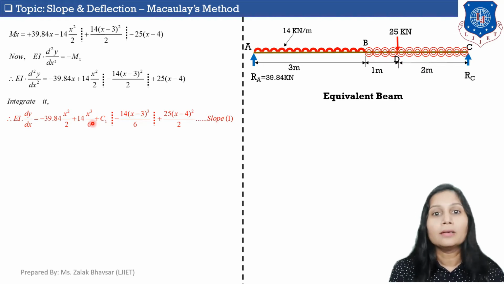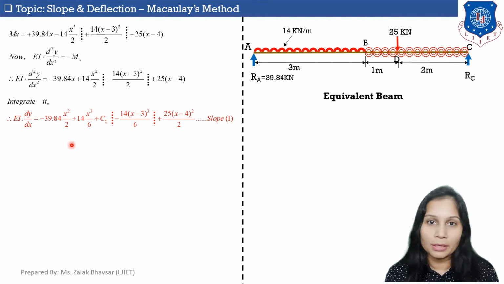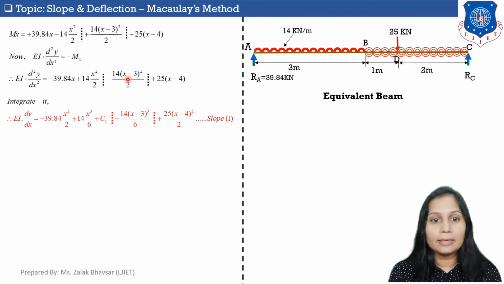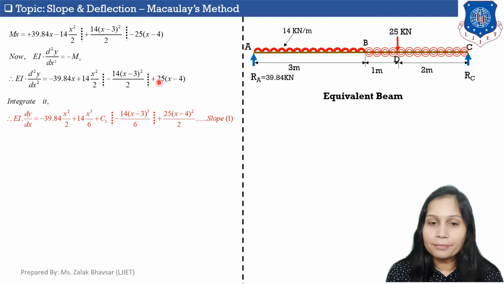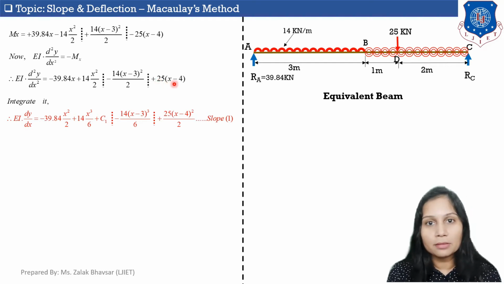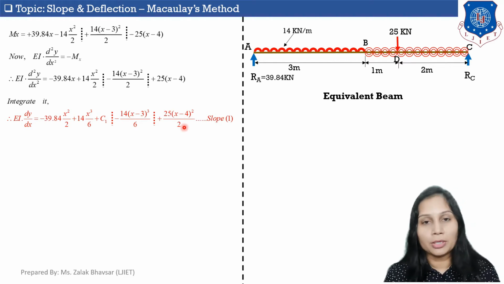I am putting the integration constant in the first part of the continuous equation as per our assumption. Minus 14 times the integration of (x minus 3), which will be (x minus 3)³/3, and 3 multiplied with 2 we get 6, plus 25 times the integration of (x minus 4), which will be (x minus 4)²/2. So here is our first equation for calculation of slope.